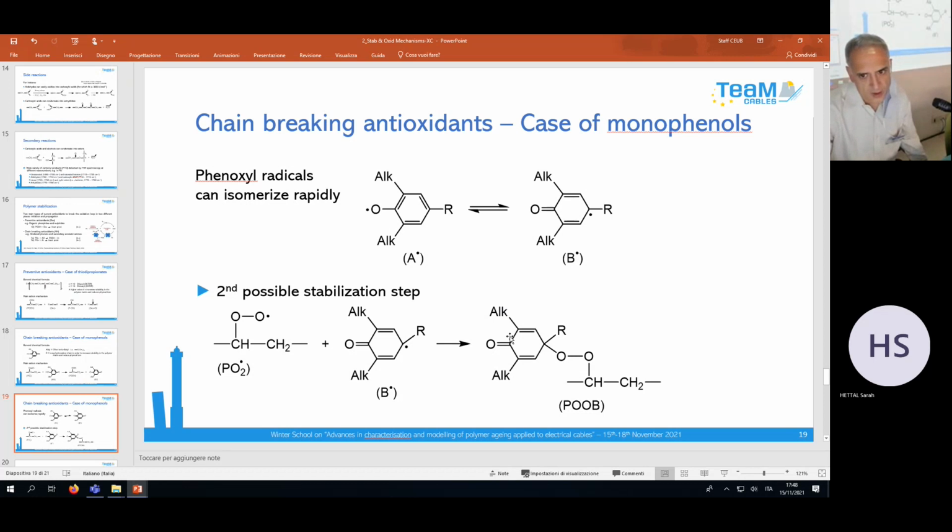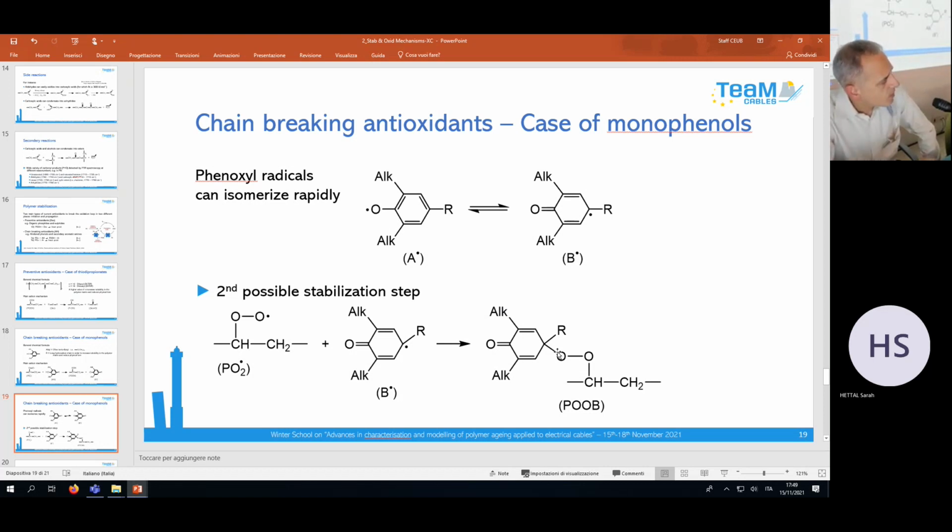And also, we observe that at the end, the concentration of phenol decreases more slowly than expected, probably due to this grafting, which also prevents the evaporation of the antioxidant. So for many reasons, it is necessary for the kinetic simulation to take it into account.